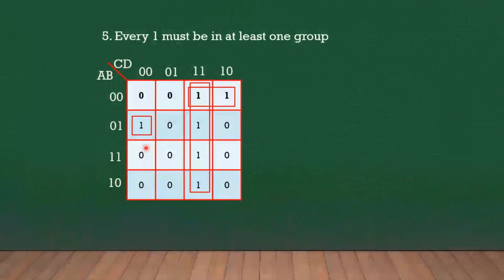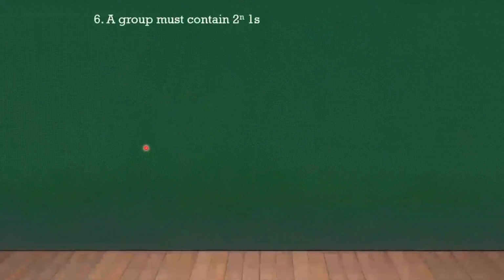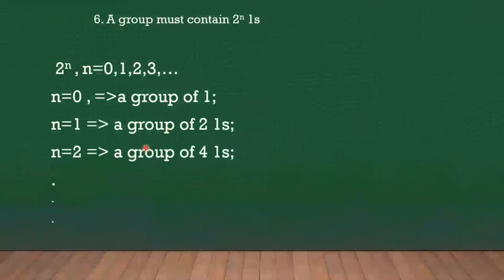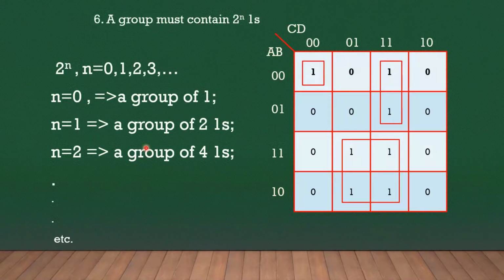What does it mean? The group must contain 2 raised to n ones. When we group, we can group just for n starting from the integers 0, 1, 2, 3. When n is 0, 2 raised to n will be 1, so this is accepted. We can group it. When n is 1, 2 raised to 1 is 2. Grouping 2's accepted.